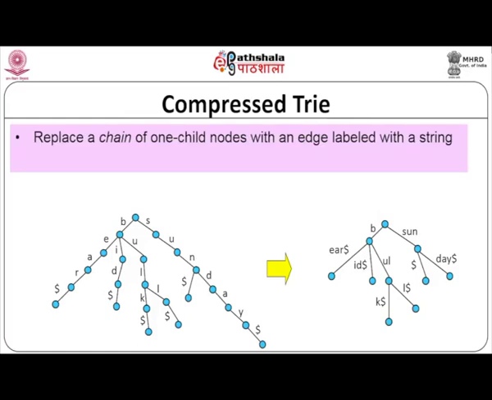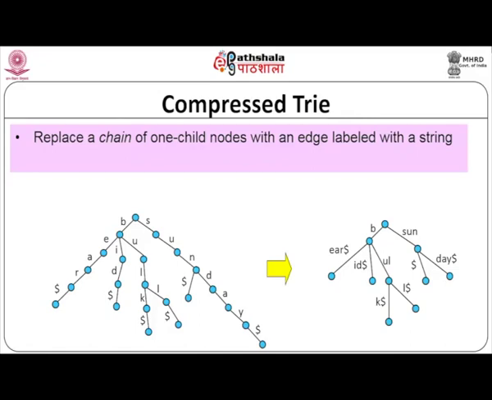compressed trie. So what you do is replace a chain of one-child nodes with an edge labeled with a string. So for example, after B, all of the rest on the left-hand side, EAR dollar, is one-child nodes. So instead of having E, A, R all separately, you just join them together and have EAR dollar. That is for the first step.